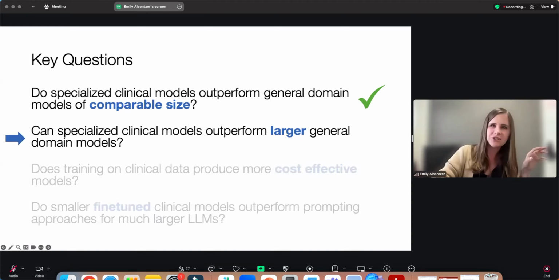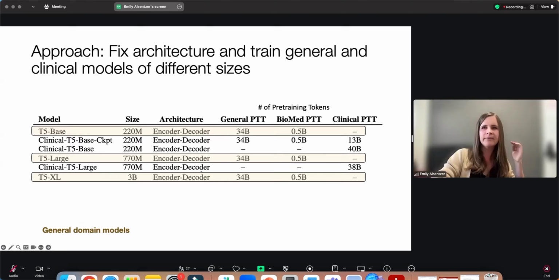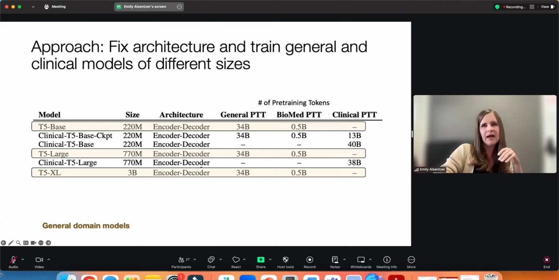So let's start with this first question of whether these clinical models can outperform general domain models. To investigate this, we fixed the model architecture and compared general and clinical language models of varying sizes. We compared 3 general domain models. These are all T5 models: T5 base, T5 large, T5 XL, which have increasing numbers of parameters respectively.